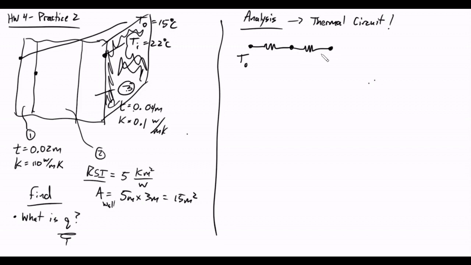Then we have the resistance to conduction of heat between this point and this point, which will be this node right here. And then finally we have more conduction, which faces resistance as it goes through this material from this point to this point, or the T of the inside of the home.